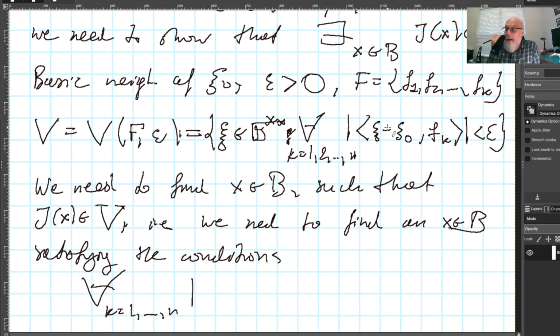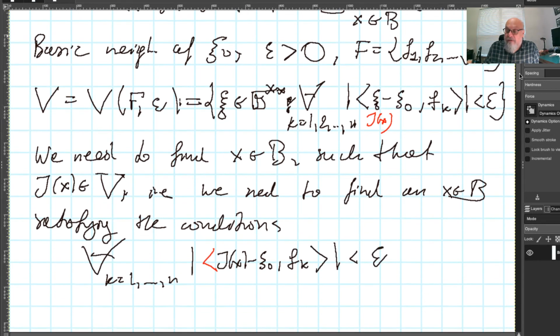So psi is now becoming your Jx. So let me put it like this: J of X minus psi naught, Fk, smaller than epsilon, but you can rewrite it.